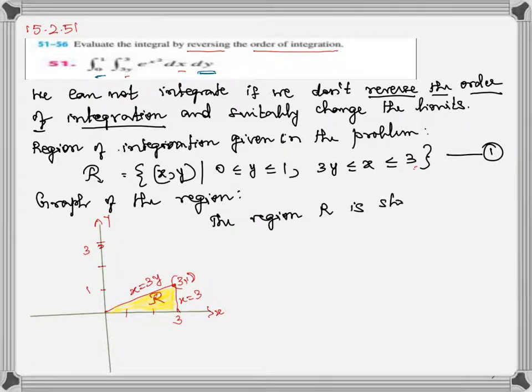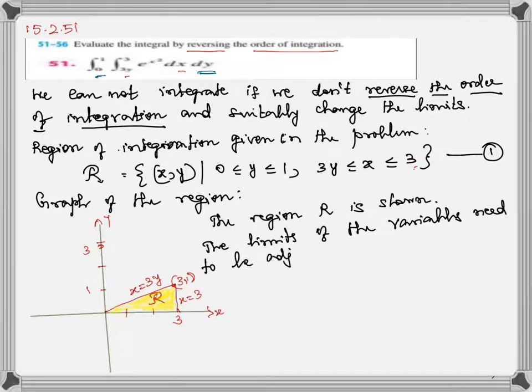The region should not be changed for our revised order of integration, but the limits of the variables need to be adjusted, keeping the region over which the surface is defined fixed.